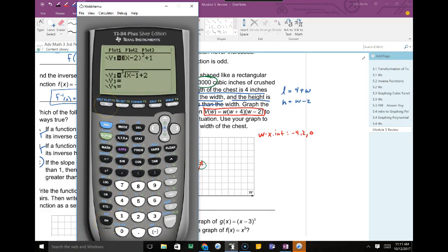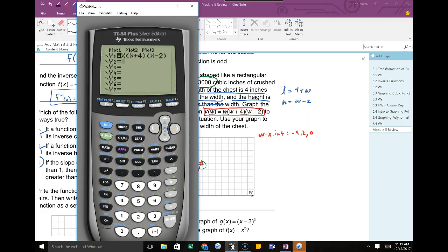All right, so the first thing that we're going to do is type the two equations, and notice I said two equations, into our y equals. The first one is going to be our volume, so we're going to have x plus 4, and x minus 2, remembering that x is representing our width.